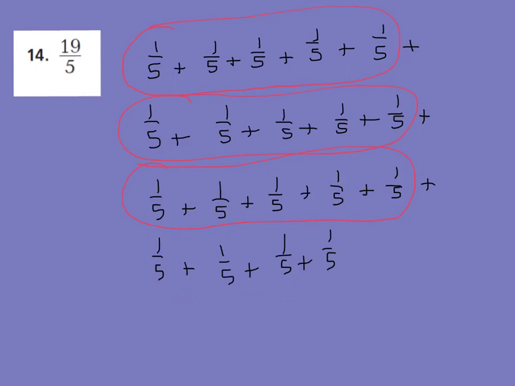Therefore, my mixed number should be 1 whole, 2 wholes, 3 wholes, and 4/5. And I can check it. 5 times 3 is 15, plus 4 more is 19, or 19 divided by 5. 5 goes into 19 3 whole times, and there would be 4 left over as the remainder.